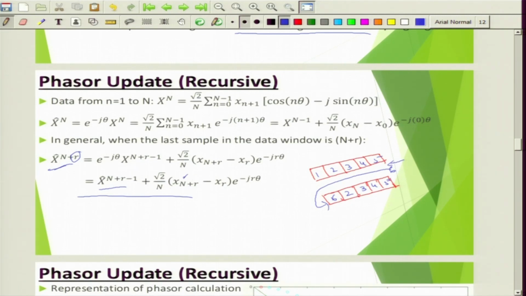This is the new sample we are considering, and we are eliminating the previous one, minus xr, because this was already present in the phasor. Basically we are replacing 1 with the new entry 6: 1 is taken out and 6 is added.